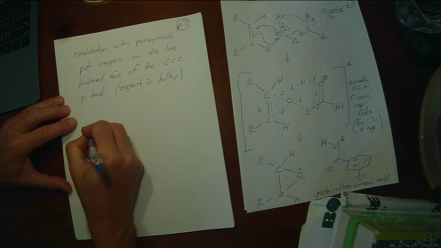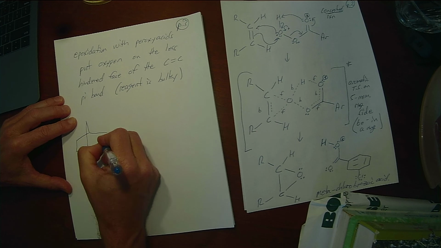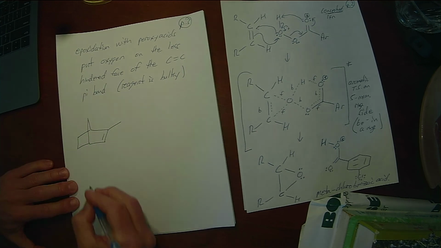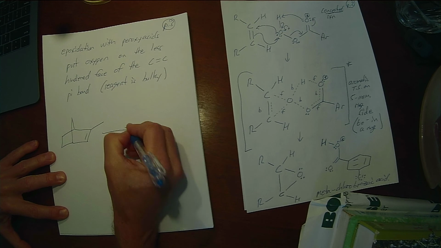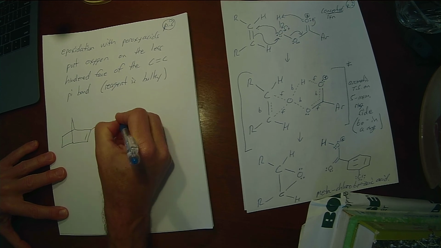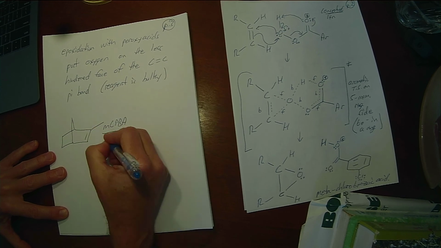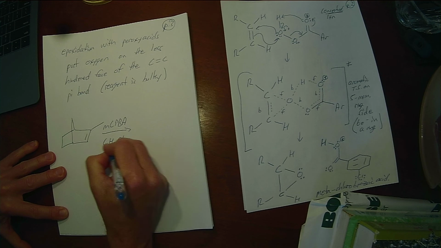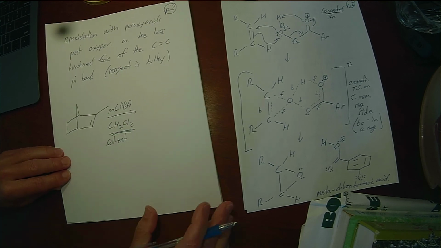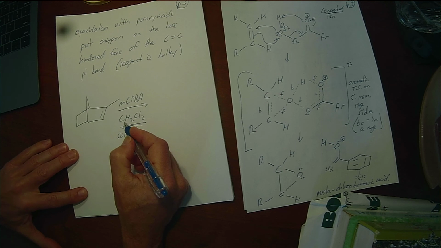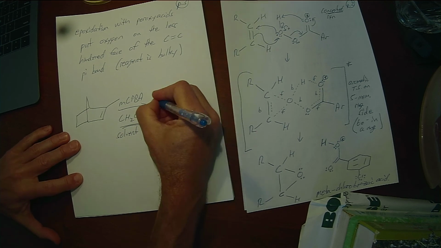And that's because the reagent is bulky. So if we were to work with that norbornane system, right, where we had the bottom face being more hindered and the top face being less hindered, and we were to do this reaction with mCPBA, the usual solvent is dichloromethane. The solvent dichloromethane is not involved, so when you're writing this mechanism, you really like to avoid using that CH2Cl2.